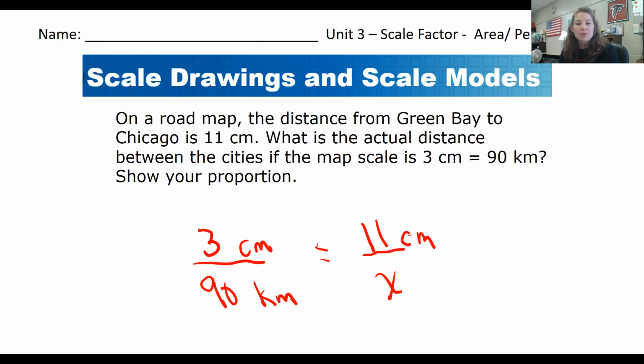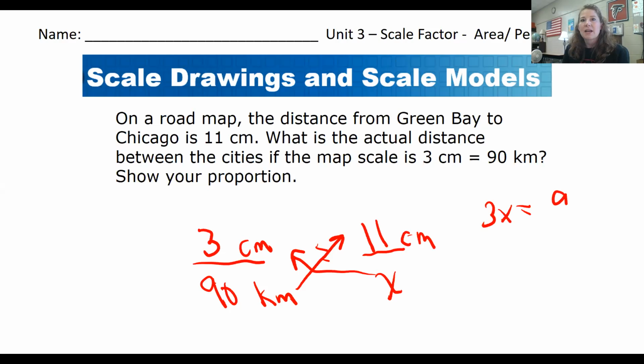So how do we solve proportions? We cross multiply and divide. X times 3 is 3x. 90 times 11, whoops, I'm using my calculator, is 990.